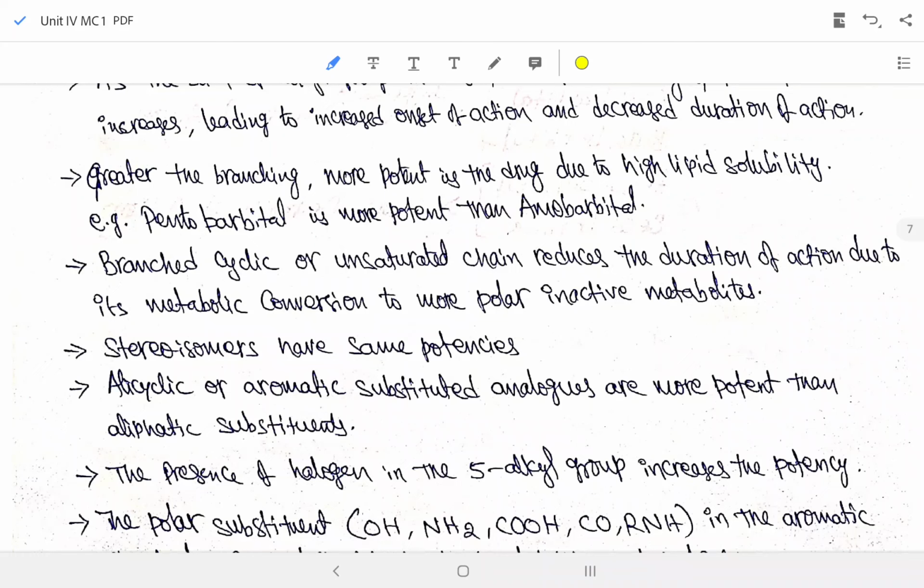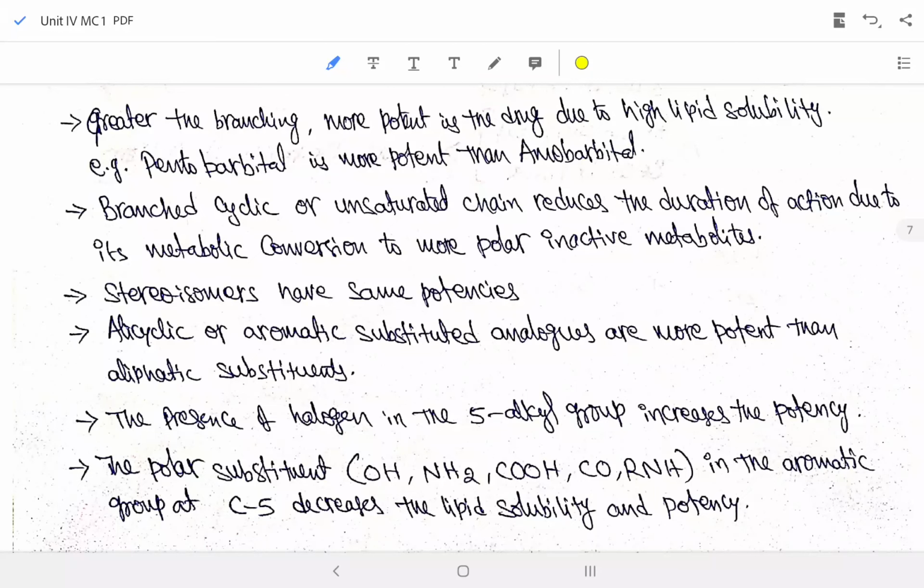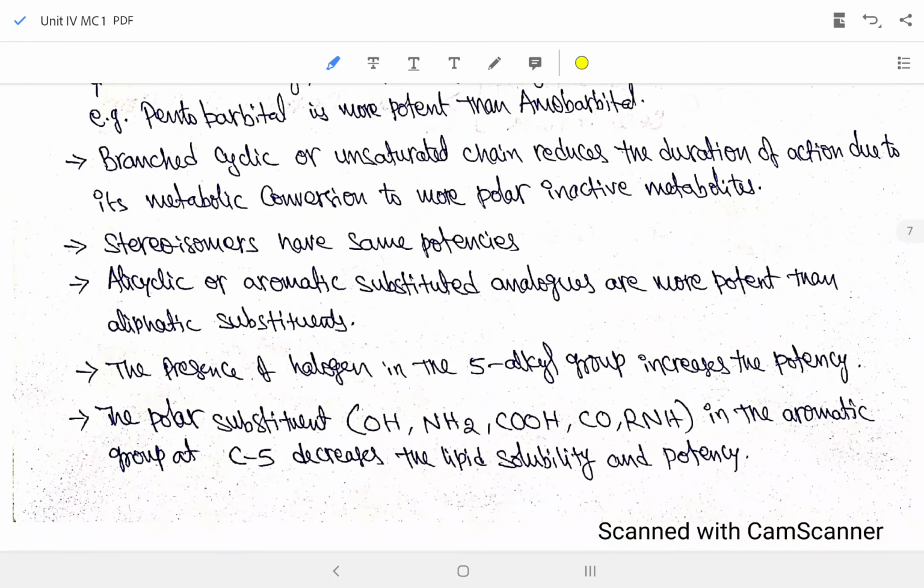Okay. Example, pentobarbital. You have a methyl group attached sideways, that means branching at the fifth position, and that is making it more potent. Pentobarbital is more potent than amobarbital. Okay. Then, a branched, cyclic or unsaturated chain reduces the duration of action due to its metabolic conversion to more polar inactive metabolites.